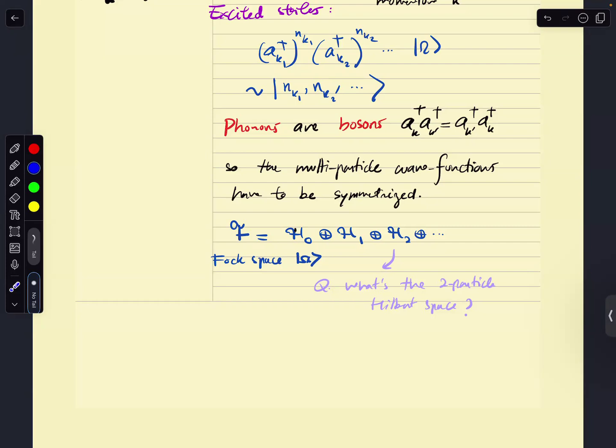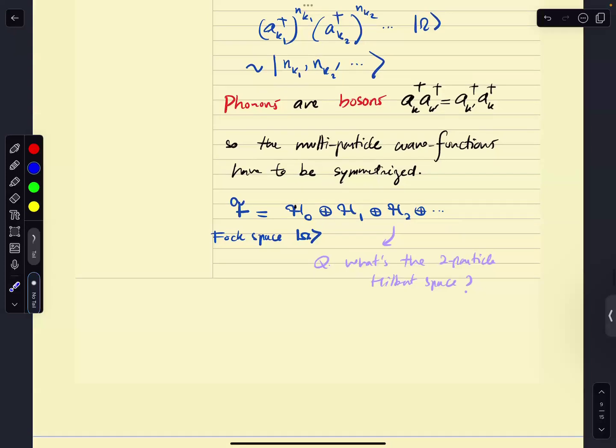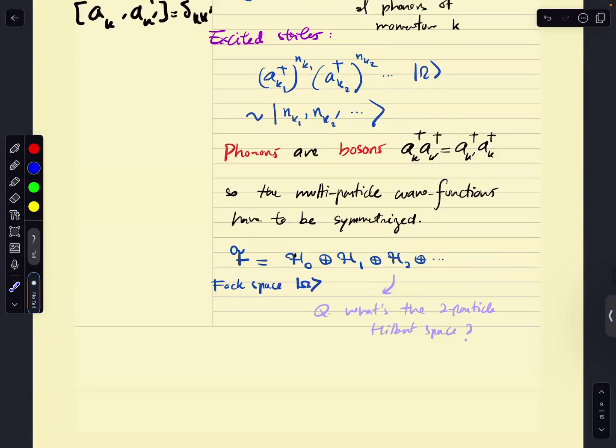I wanted to make that comparison. Previously I said compare the one particle Hilbert space to one particle living on a circle. Now, because this is two bosons, there are many different bases you could use. Any questions?